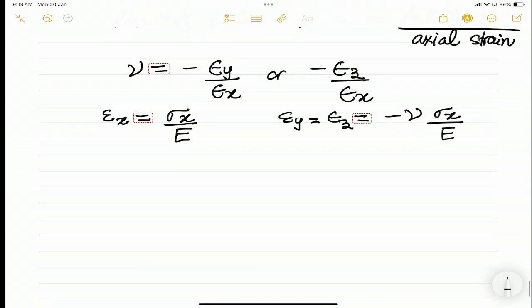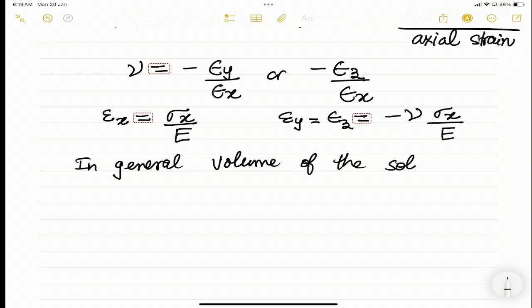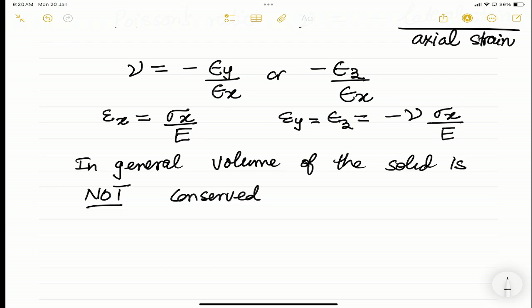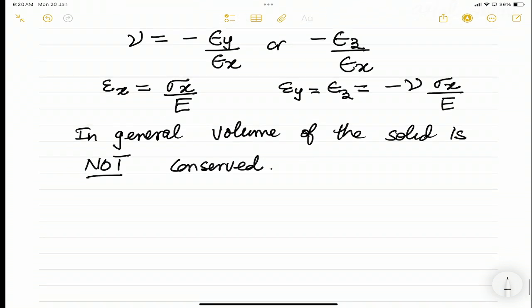So in general, volume of the solid is not conserved.